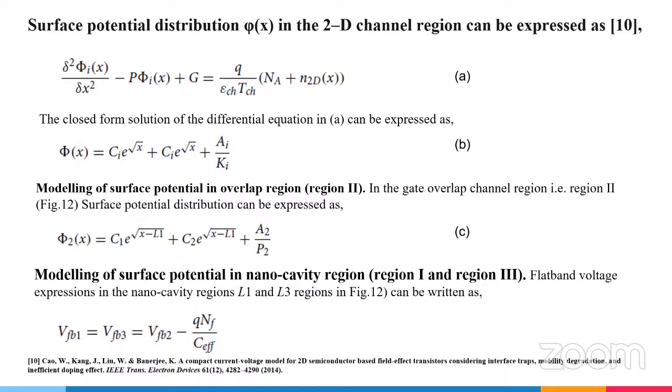This is a brief introduction of the modeling part that we have covered. Since the equations are very clumsy and very large, we are not able to include all of them. These are the final equations that we have included. This is the surface potential distribution.